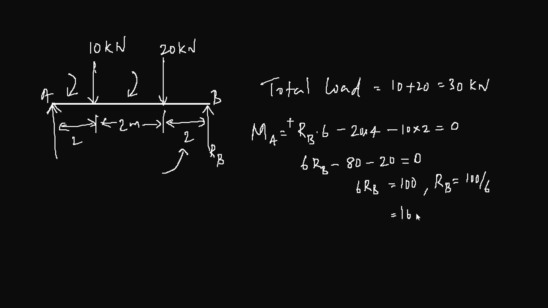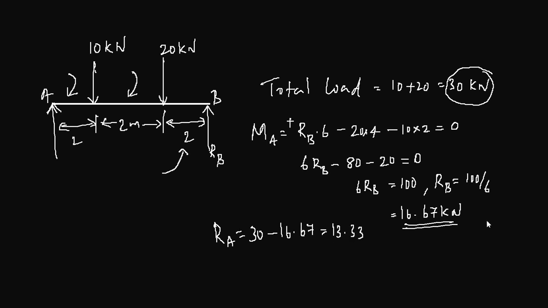So you've got 16.67 kilonewton RB, and we know the total force is 30 kilonewton. Therefore RA is equal to 30 minus 16.67, which is 13.33. So this is RB and this is RA. Now you have RA and RB, you can calculate the moments of this force system.